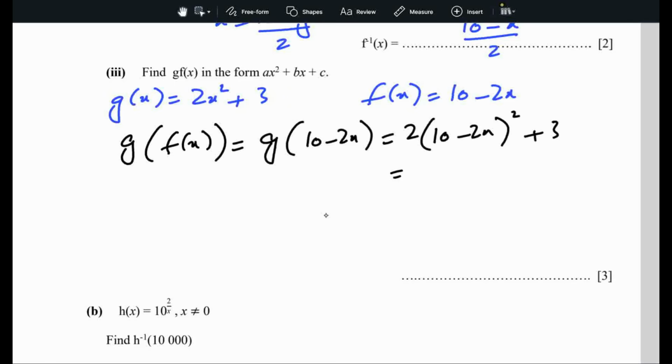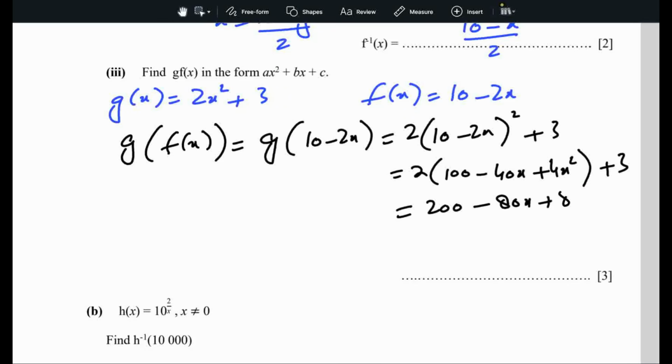And if we simplify it, 2 into 10 square means 100 minus 10 into 2, 20, 20 into 2, 40. So 40x plus 4x square plus 3. So if we rearrange it, this will be 200 minus 80x plus 8x square plus 3.